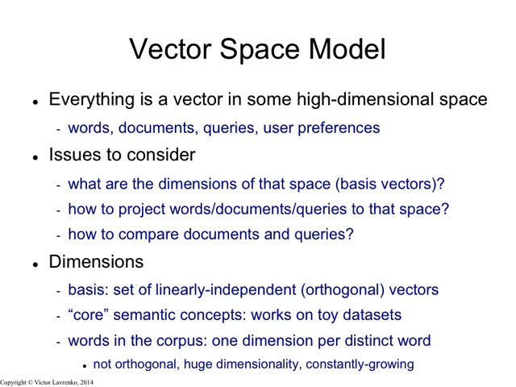You have lots of other problems as well, right? If we use individual words, the dimensionality of our space is going to be humongous. We saw Heaps' law in the last lecture. You're talking about millions and hundreds of millions of dimensions in your space. What's even worse is if you're dealing with constantly arriving data, your dimensionality is going to keep growing and growing and growing.